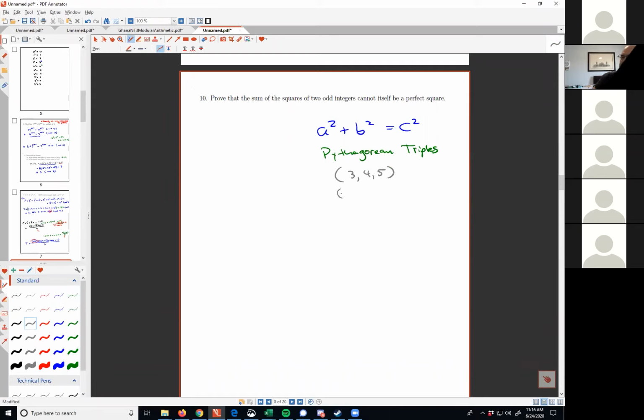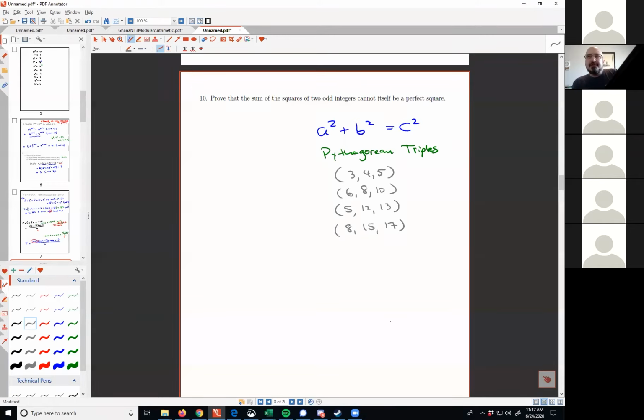I know it's 12 something and 13. What's 13 squared minus 12 squared? 169 minus 144. 12, 5, and 13. Here's another one. 8, 15, and 17.